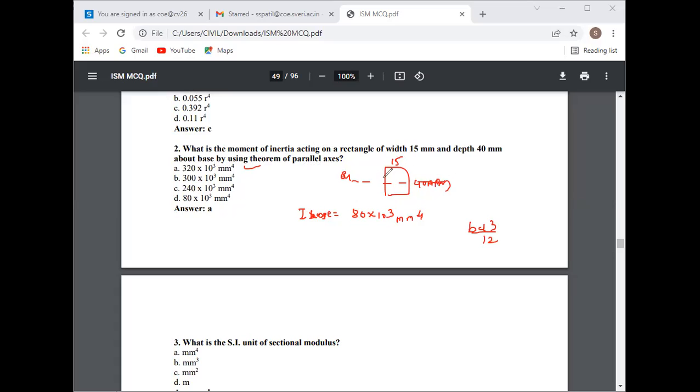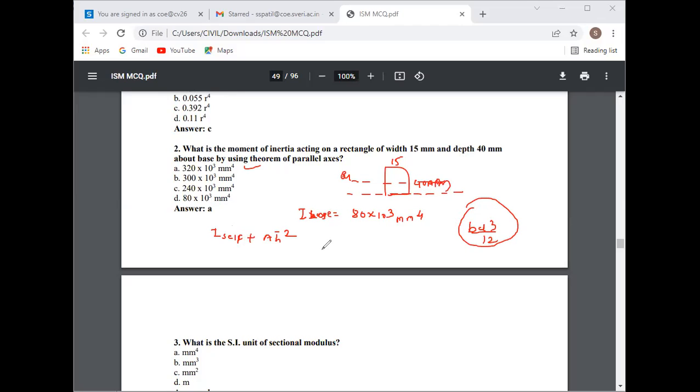If the centroidal axis is asked, then this B D cube by 12 equation is valid. But about the base, that is by using the parallel axis theorem, at that time I self for that particular section plus A h bar square or A y bar square or A h square. So this equation you have to use.